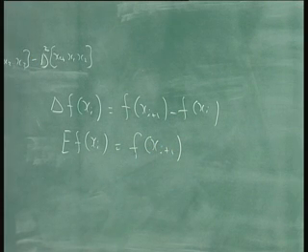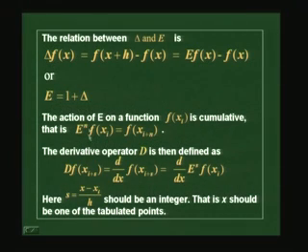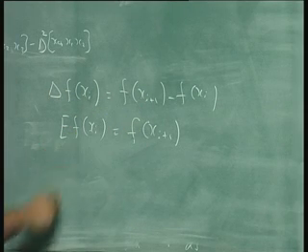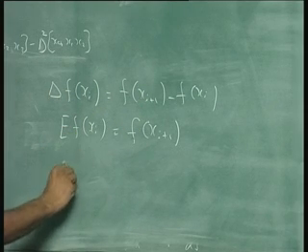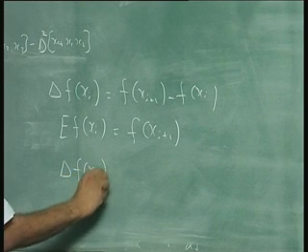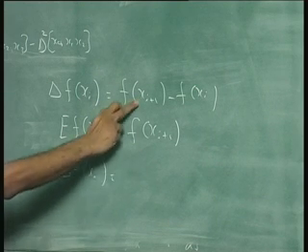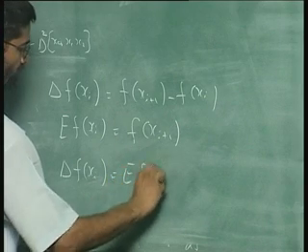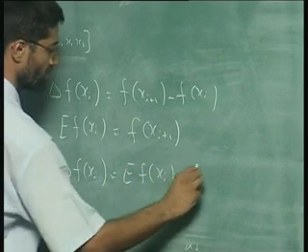That is something you should remember. Since f of xi plus 1 is f of x plus h, delta f of x is basically f of x plus h minus f of x. So I can substitute here and write delta f of xi as e times f of xi minus f of xi.